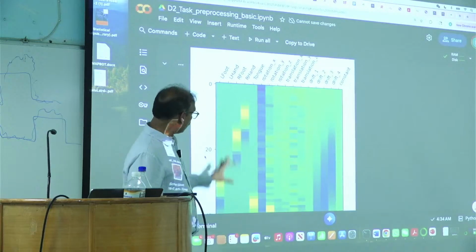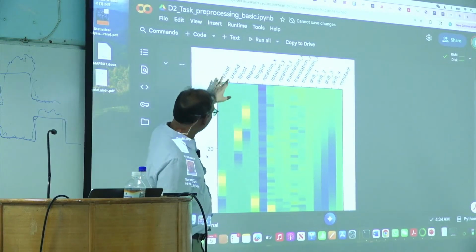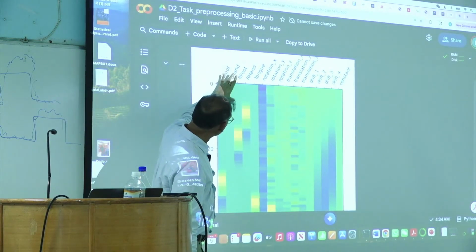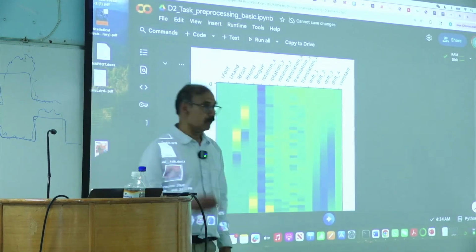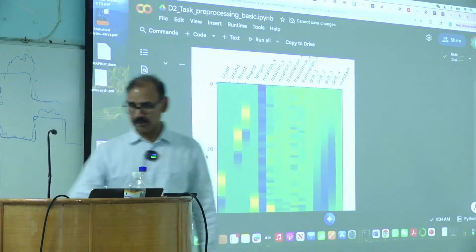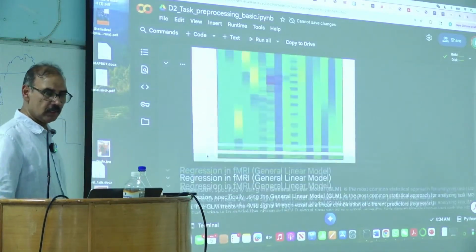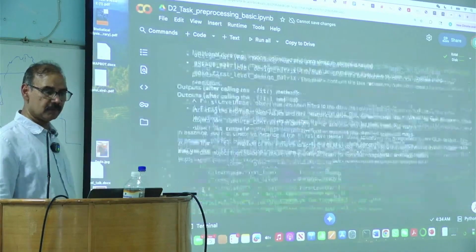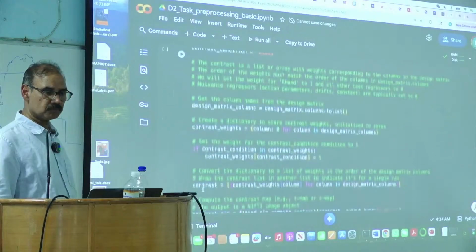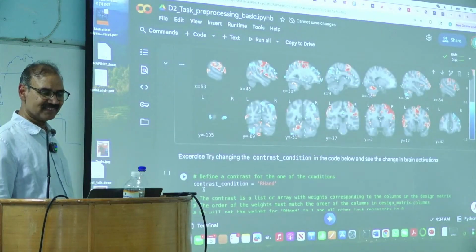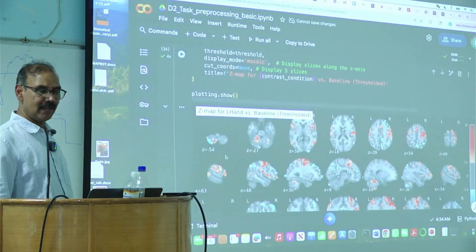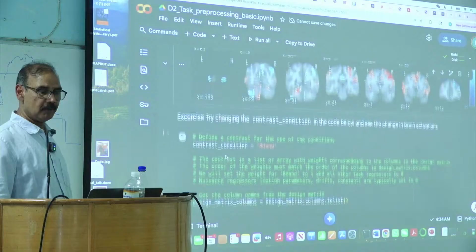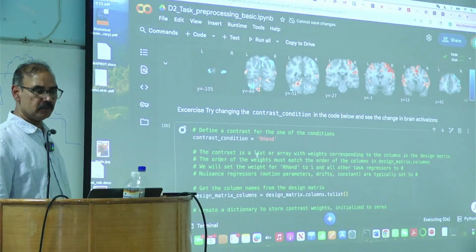So what we are looking for is left hand. So this would be baseline, this would be active, and then we can do the contrast like that. So this is left hand versus baseline. Then the next is to do right hand.